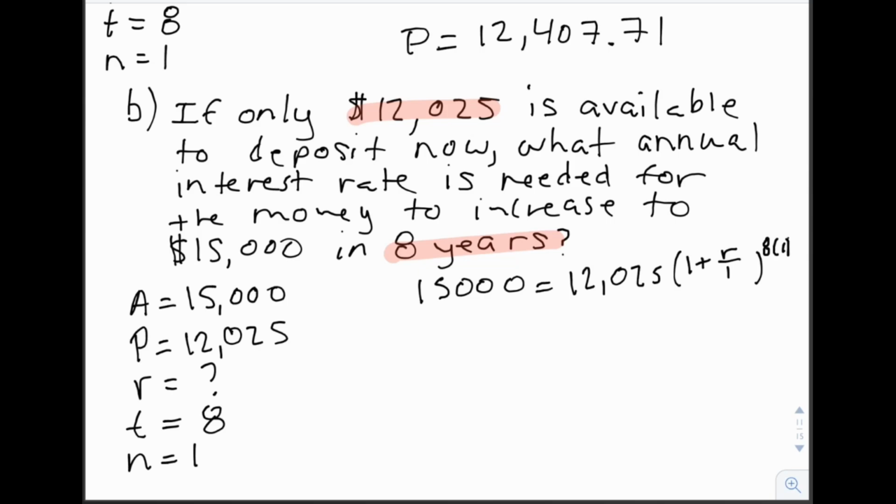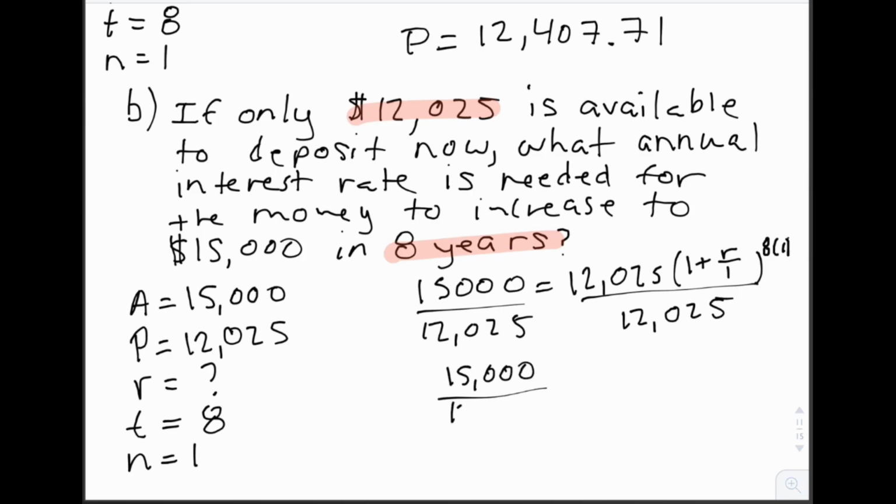First things first, we want to divide that 12,025 out. Dividing the 12,025 out, we keep that fraction on the left-hand side, 15,000 over 12,025. We are left, on our right-hand side, with 1 plus r divided by 1, which is just 1 plus r, raised to the 8th power.